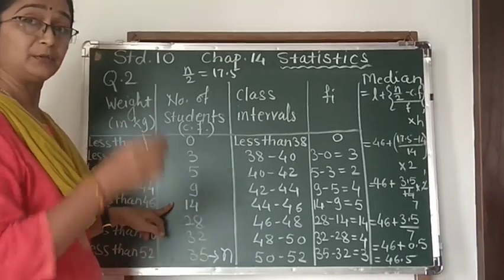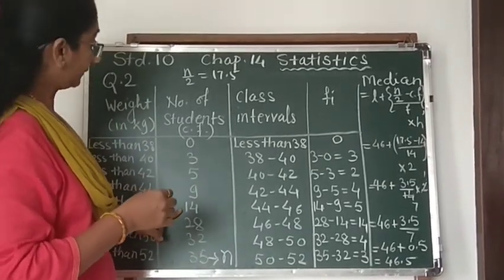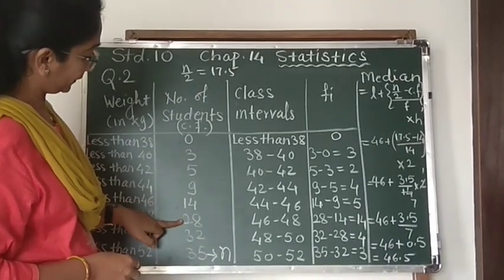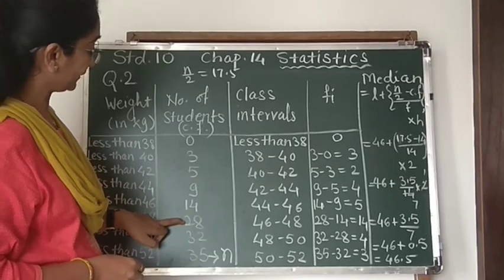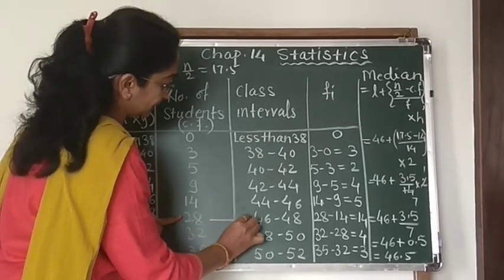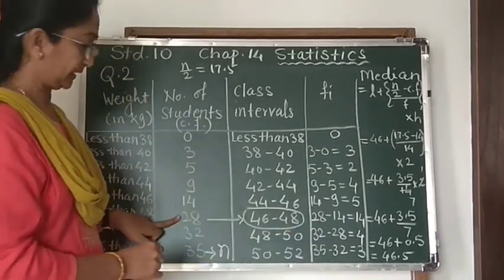Now check the cumulative frequency just greater than or equal to 17.5. Here the cumulative frequency just greater than 17.5 is 28. So the corresponding class interval 46 to 48 is our median class.